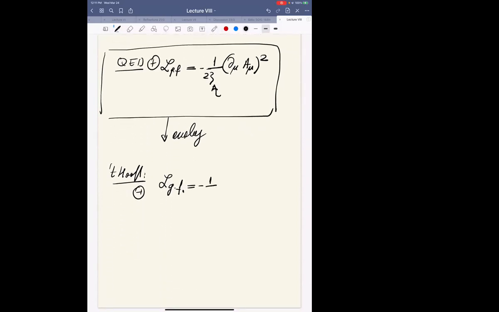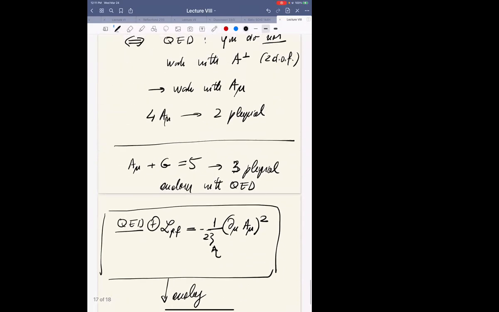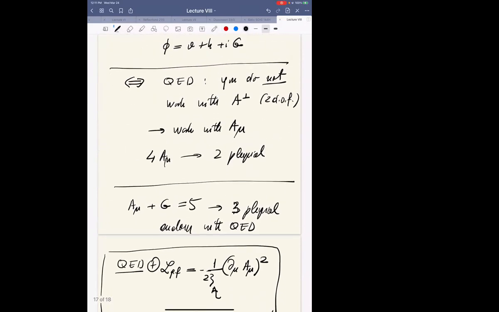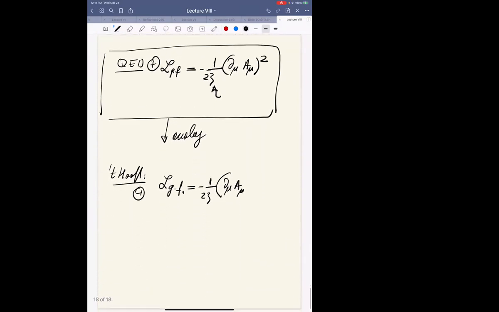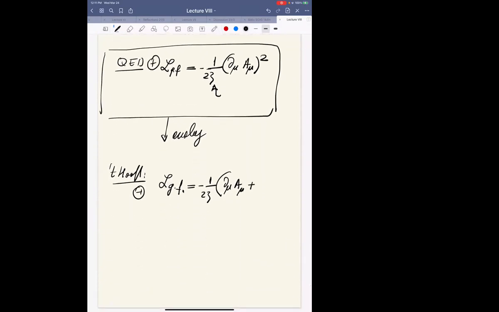So I'll do the same thing. How will I generalize it? Well, I have to include G in this. I'm just going to include G here. But they must have the same dimensions, you agree? So d mu A mu has a dimension of 2 in mass, because the derivative also has a dimension.